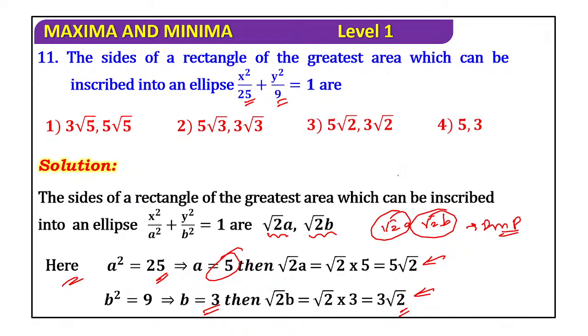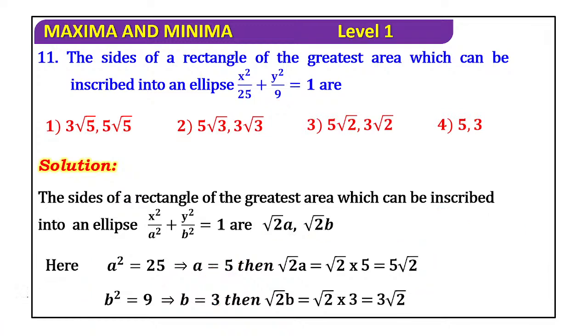Okay. So here the important thing is the values for your maximum rectangle, the greatest area of rectangle. The values of greatest area of rectangle, that is root 2a comma root 2b. This is the ellipse.